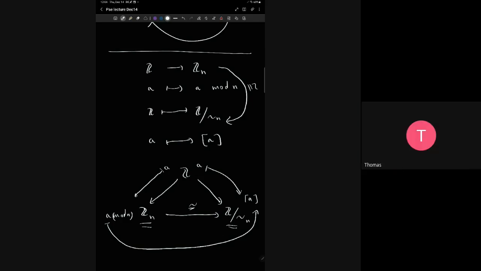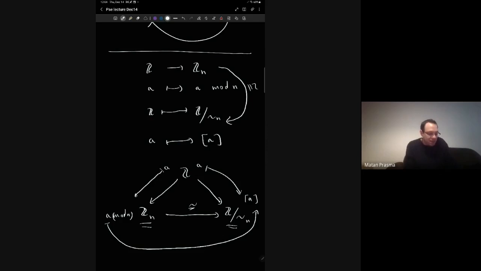I see. Okay. And this is a very good example of isomorphism. We did two different constructions. They're not equal on the nose, but they're really the same for us.